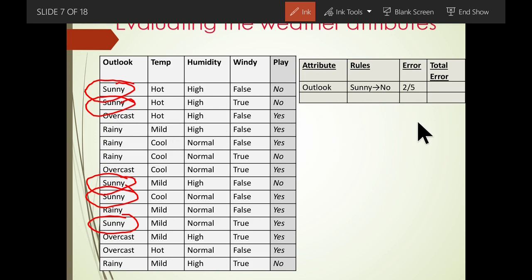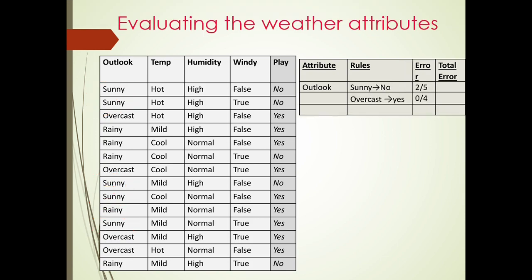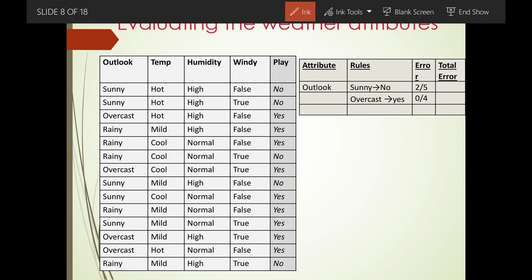Similarly we can do it for other features also. For example, overcast is appearing 4 times: 1, 2, 3, 4.